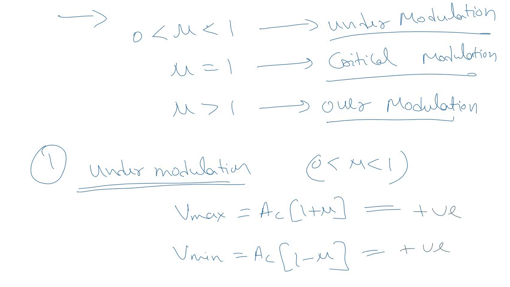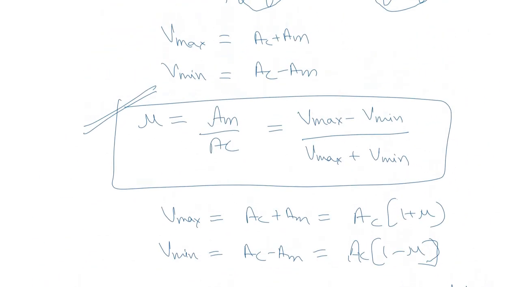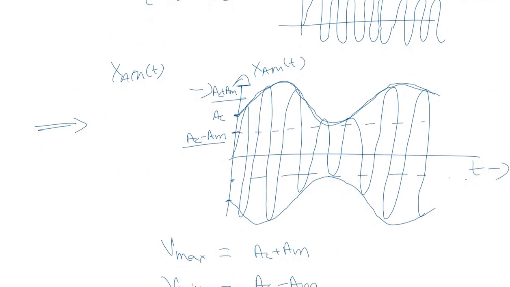In this time domain representation, both Vmin and Vmax are positive. They will lie in the positive half of this plane and have similar polarity. This is your under modulation scenario.